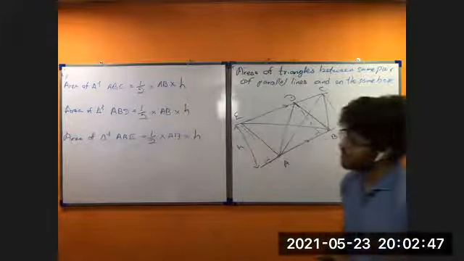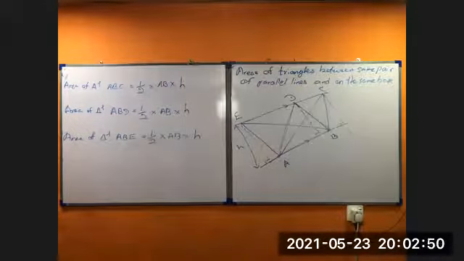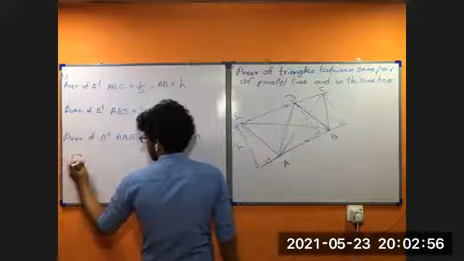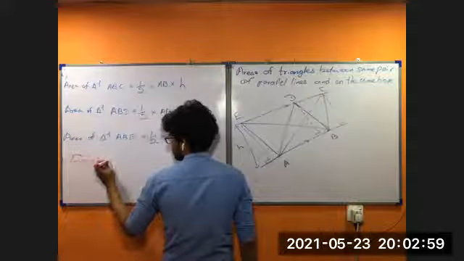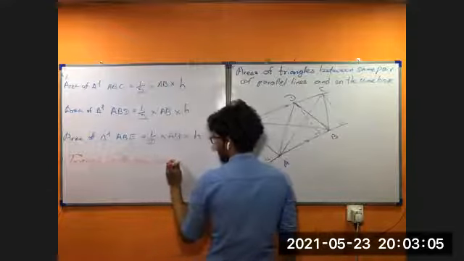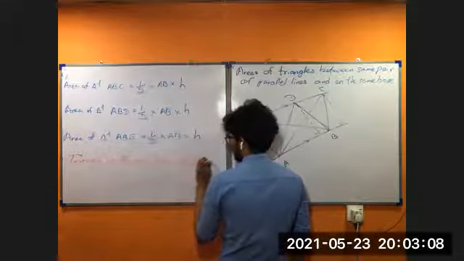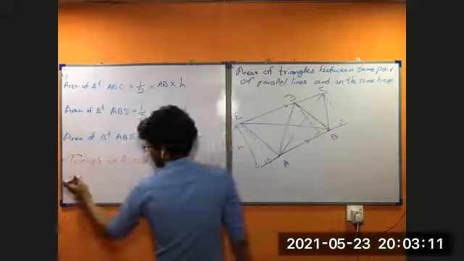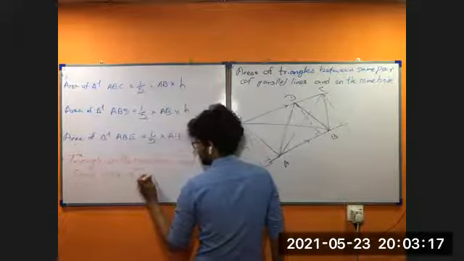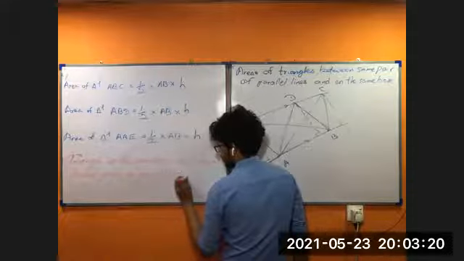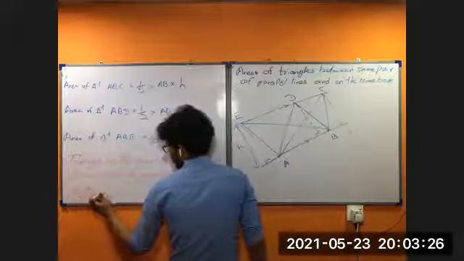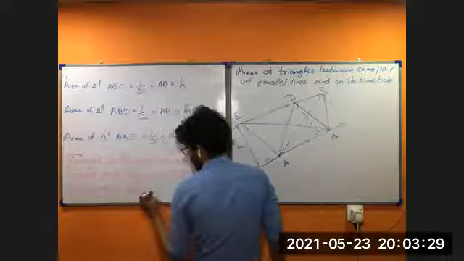So you can write: triangles on the same base and between the same pair of parallel lines are equal in area.